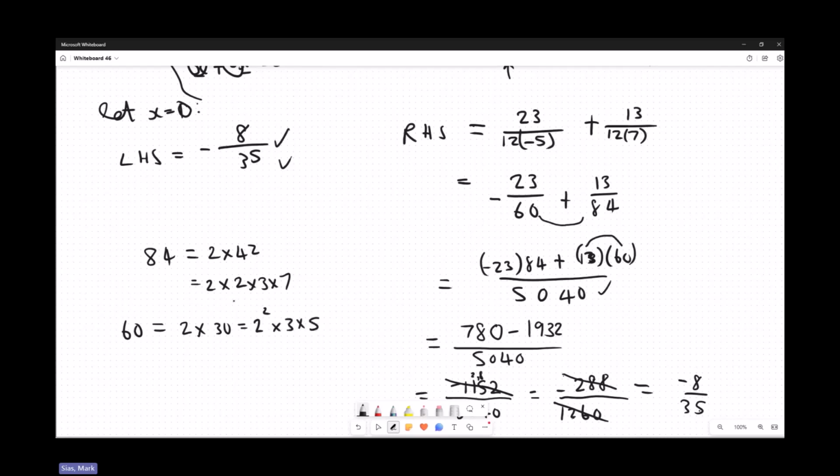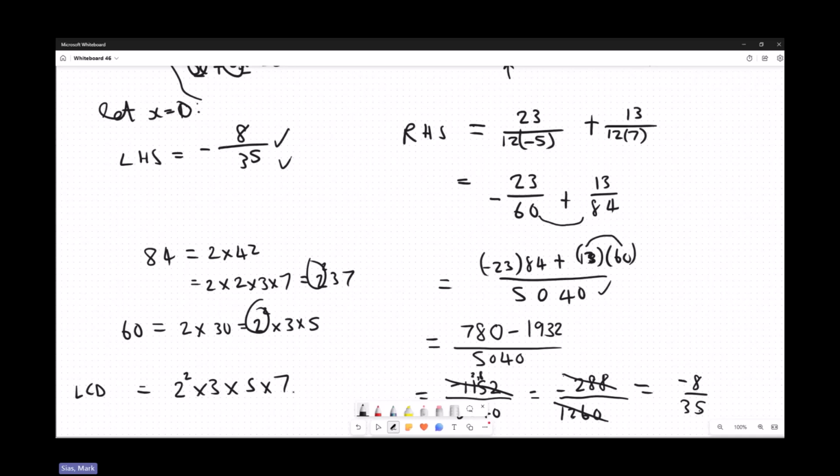Yes, okay. And then if you want the actual LCD, all you have to do now is see the highest exponent. So if you want the LCD of 84 and 60, you decompose it into prime factors. You get the highest power of 2, which is 2 squared. And the highest power of 3 is just 3. The highest power of 5 is 5, and the highest power of 7 is 7.